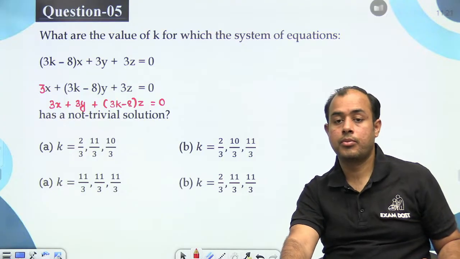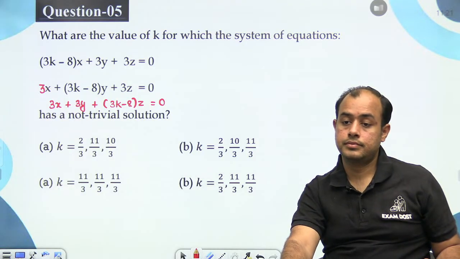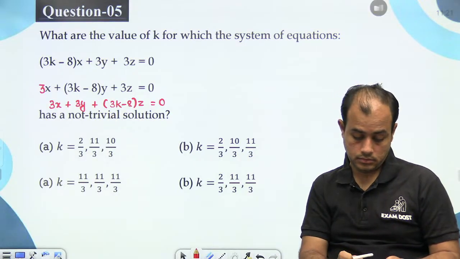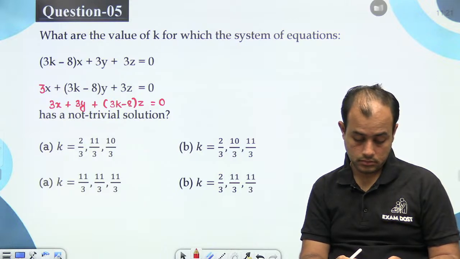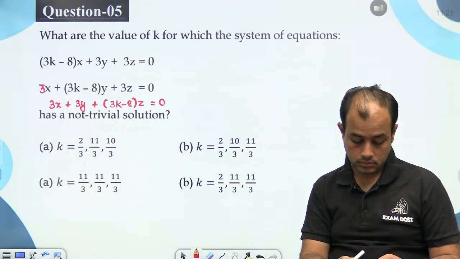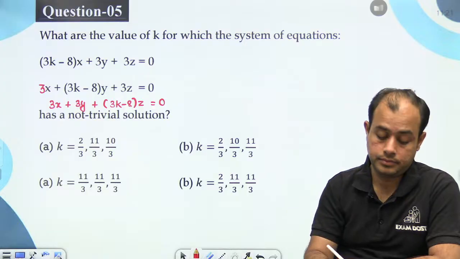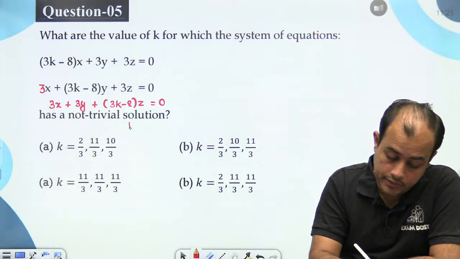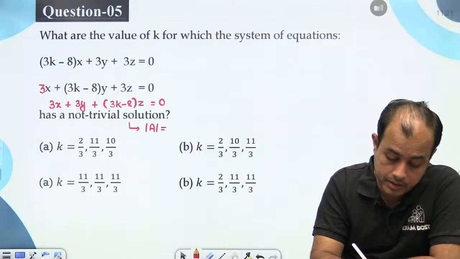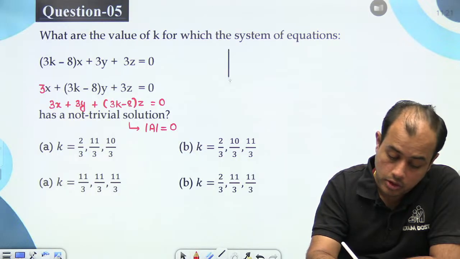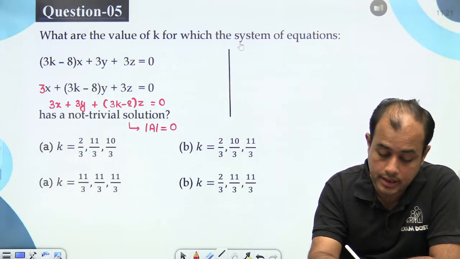Try this. So for non-trivial solution, the determinant of A must be 0. Correct? Non-trivial solution के लिए A का determinant 0 आना चाहिए.